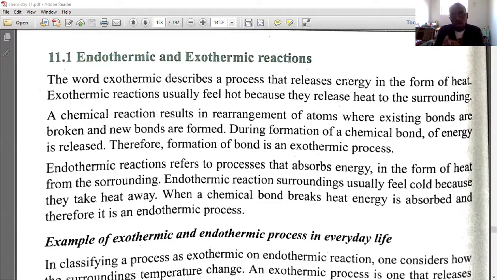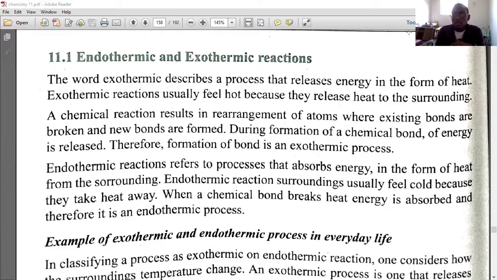The word exothermic is a combination of two words, exo and thermic. Exo means outside, and thermic means heat. So basically this means it's a process that involves the release of energy.